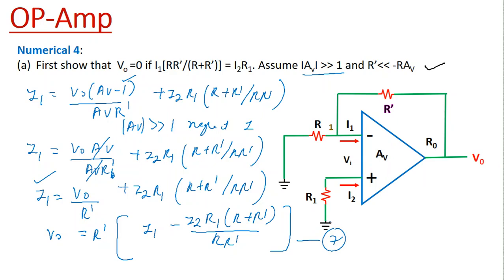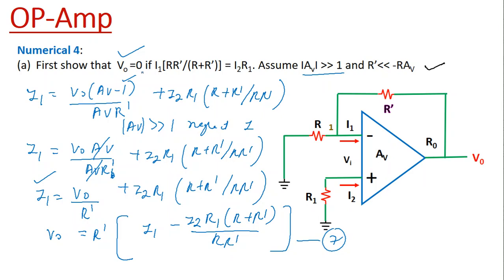Now it is given in the question that if I1 into R dash divided by R plus R dash is equal to I2 R1, then we have to show that output voltage is equal to 0.